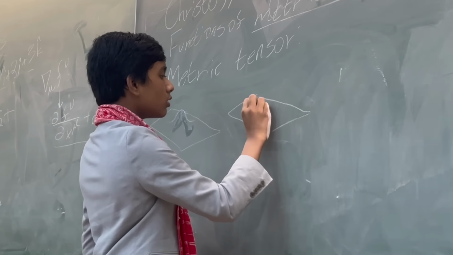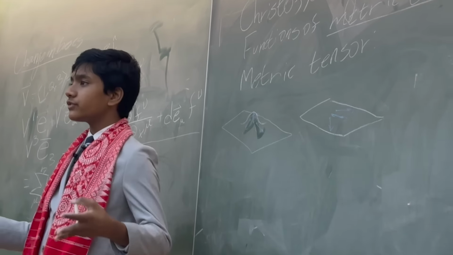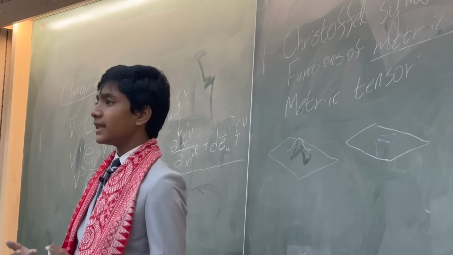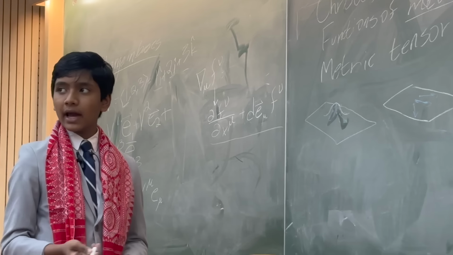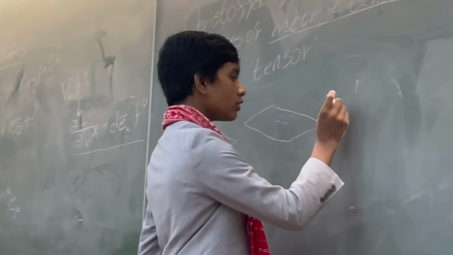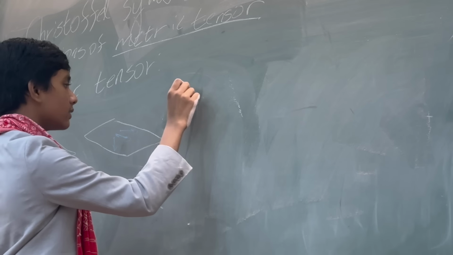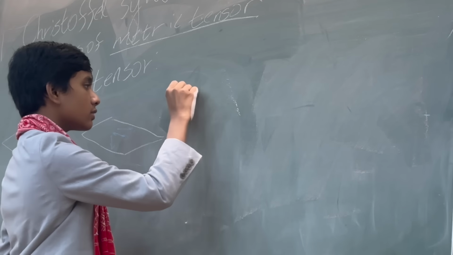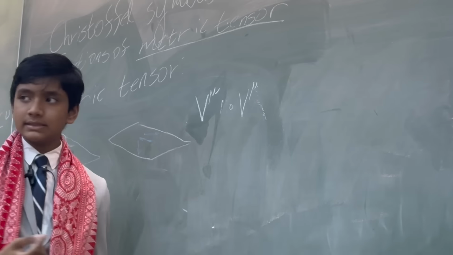So, to tell me the curvature of the space, I want to get the magnitude of every vector there. And how do we get the magnitude of a vector? Well, that's very easy. All we need to do is take the vector itself, then dot product it with the same vector.